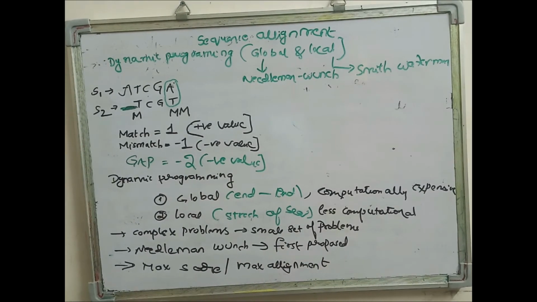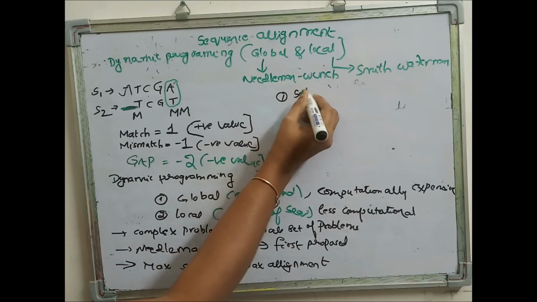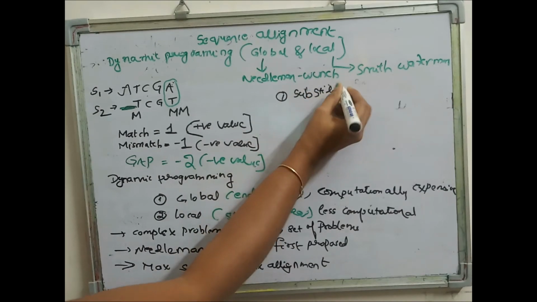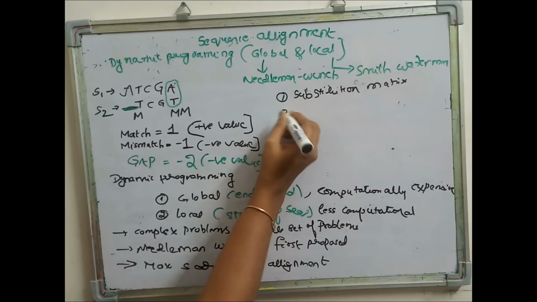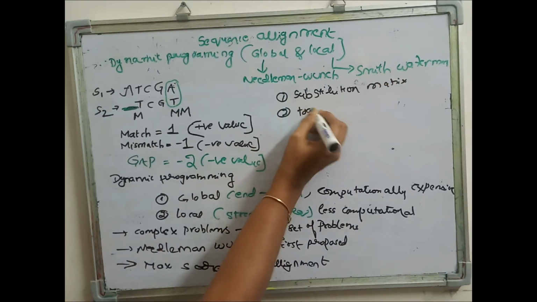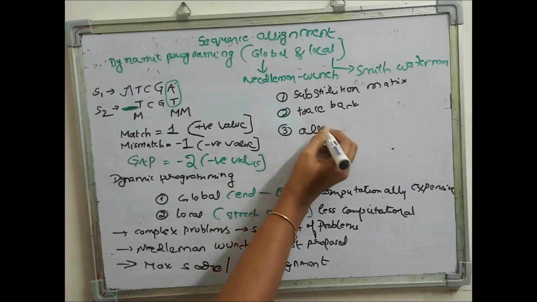When we come to the dynamic programming steps, there are three steps: substitution matrix calculation, the traceback method, and alignment.